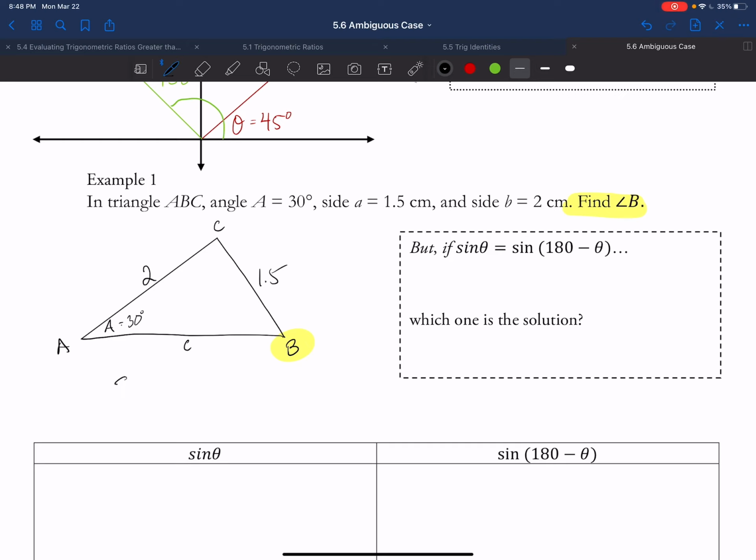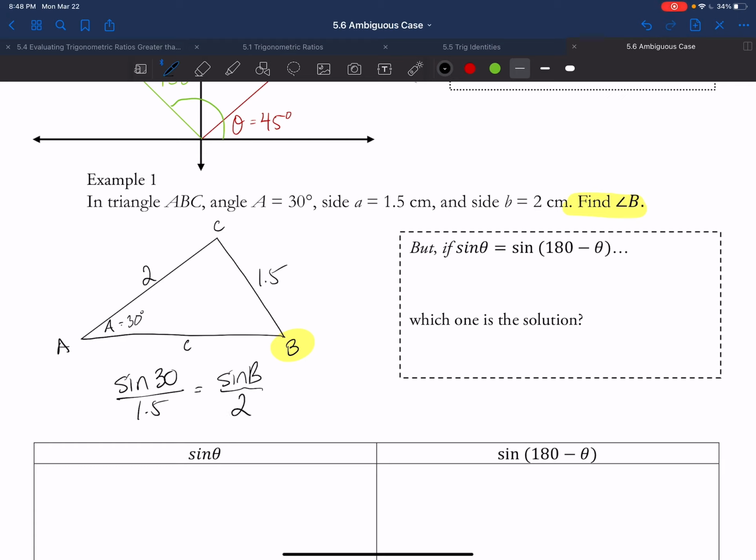So sine of 30, angle A, over side A, which is 1.5, equals sine B over 2. Now if I'm going to solve for sine B, I'm going to multiply by 2.